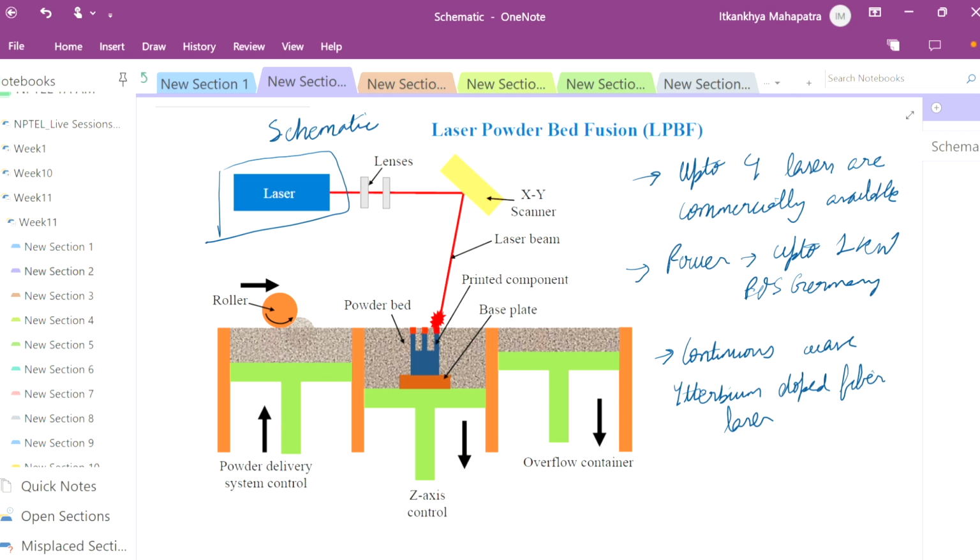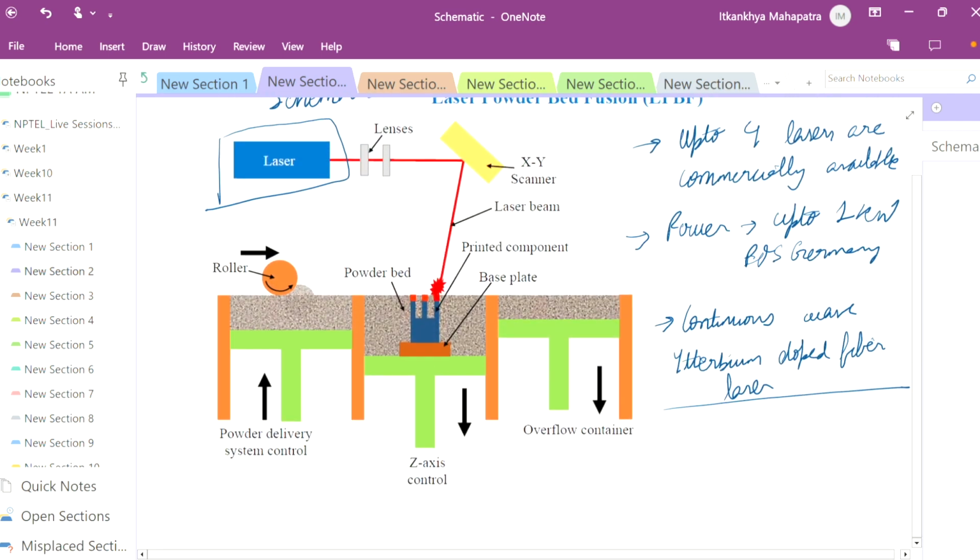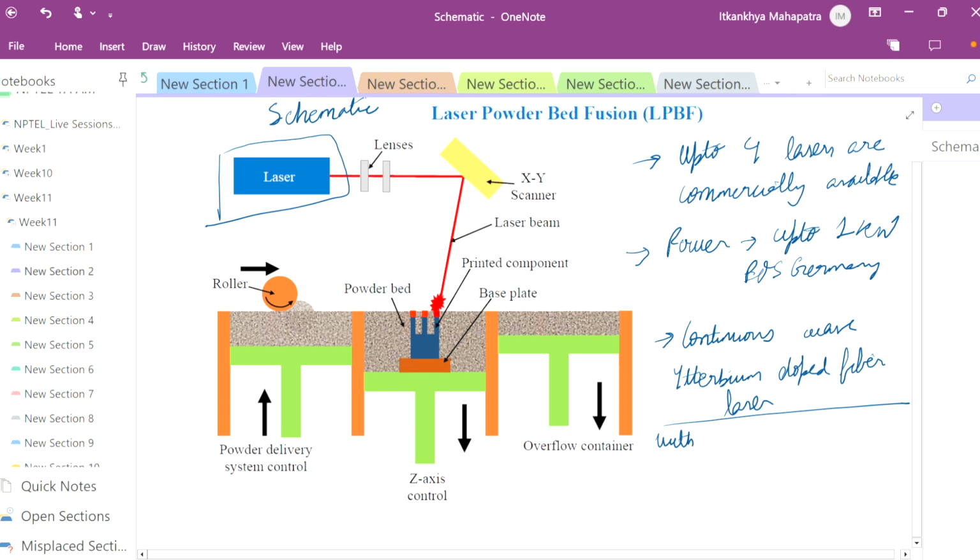In 99% of the 3D printers we use this laser, which has a wavelength of 1070 nanometer, plus or minus 10 nanometer.